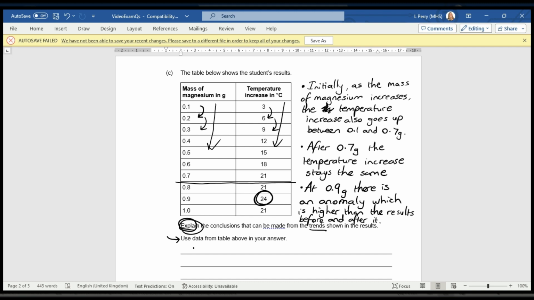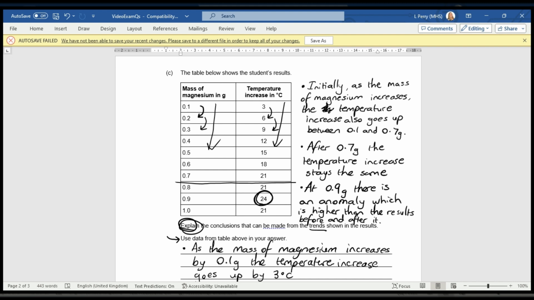So, I'll go down here now to make myself some more space. As the mass of magnesium increases by 0.1 grams, the temperature increase goes up by 3 degrees C. Now, really, if I was being good at this, that bit should really go with that top bit there.